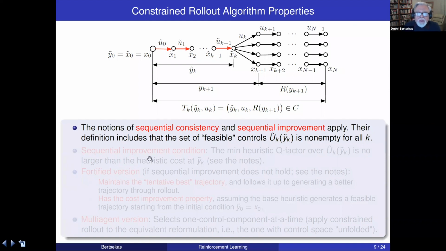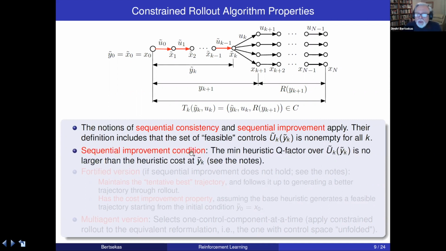As part of the definition, we require that the set of feasible controls, the ones from which the candidate trajectories do satisfy the constraint, we assume for sequential improvement that the set of feasible controls is non-empty. In other words, at this step here, there's at least one out of those trajectories that satisfies the constraint.